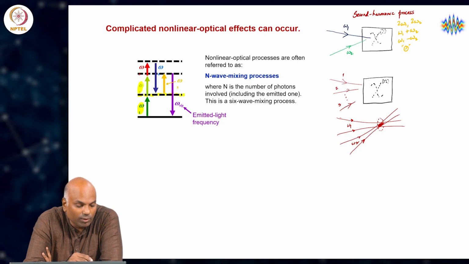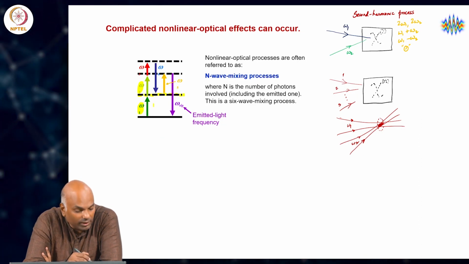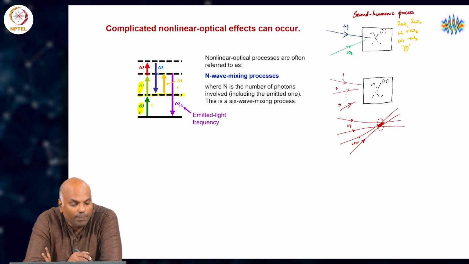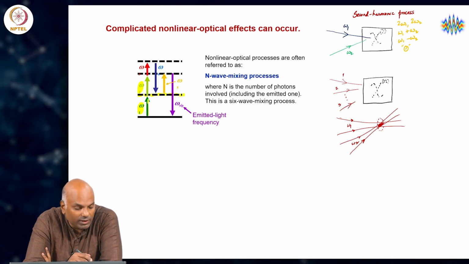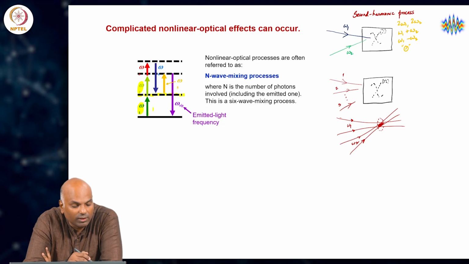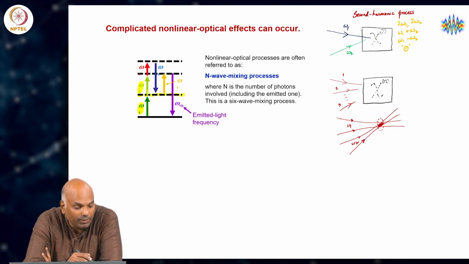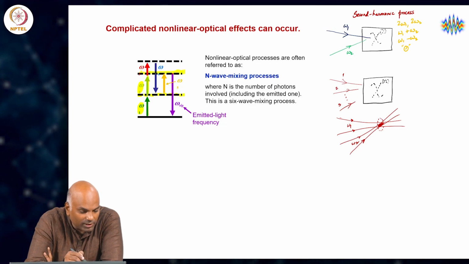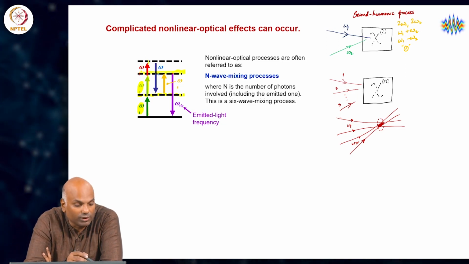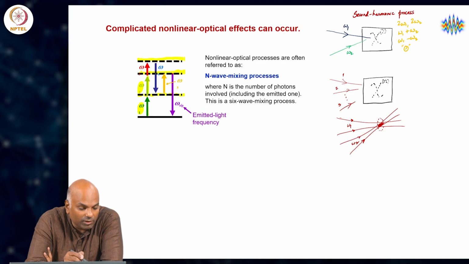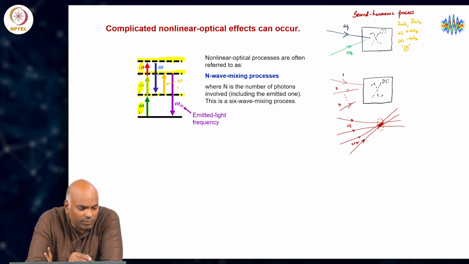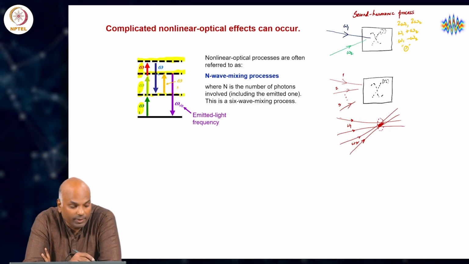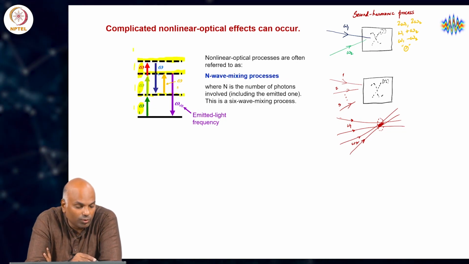So, then you have omega 2 interacting with the omega 1 beam in the presence of this medium. So, first a transition to a virtual state is made, another transition to another virtual state gets made when the omega 2 photon is absorbed, and a transition to a third higher lying virtual state is made when omega 3 is absorbed by the medium. So, this is omega 1, 2 and 3.